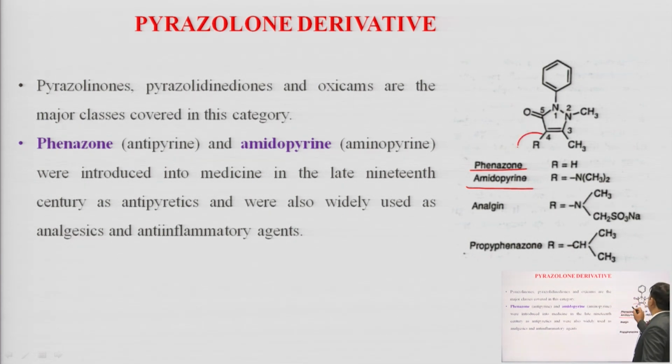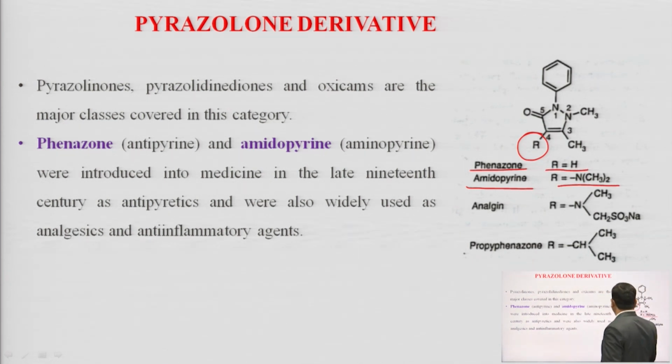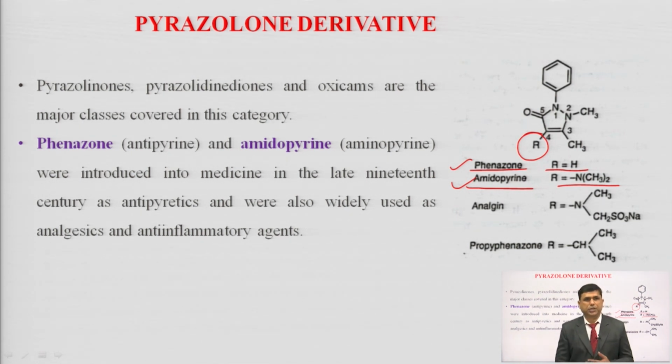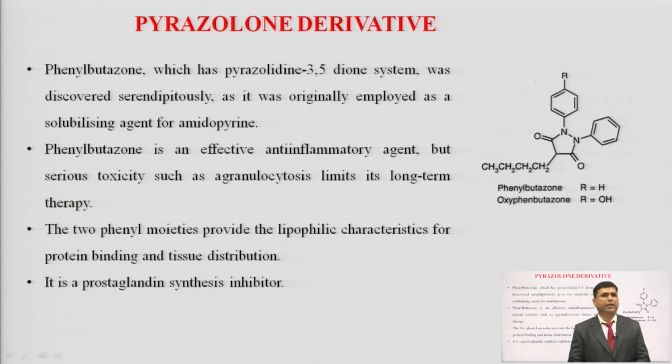With the substitution at this position, if R equals H and a dimethylamino group, it will give phenazone and amidopyrin derivatives, and these were discovered in the late 19th century as antipyretics, analgesics as well as anti-inflammatory drugs.